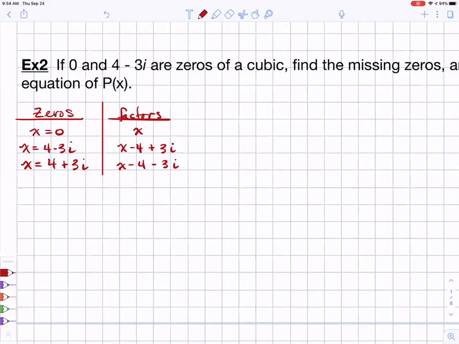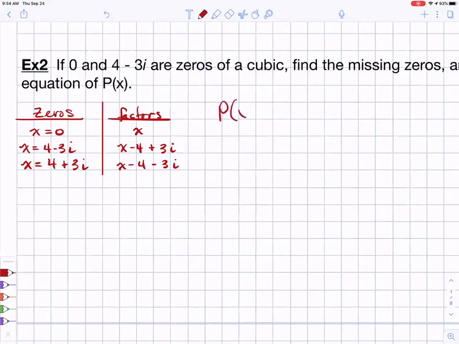Go back to your sticky note. Tip number 1 was make a list of your zeros. Tip number 2 was get a list of your factors, turn your zeros into factors. What was tip number 3? Multiply your factors together. Now we've already done the first step in the last section.